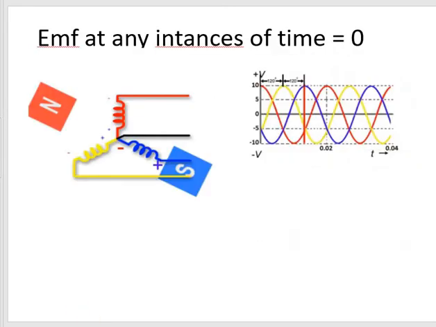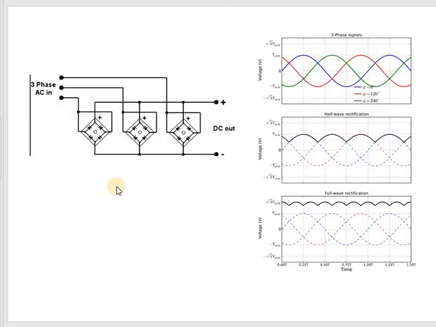Now that we understand how three-phase alternating currents are generated, when it peaks, why it peaks, we had a look yesterday at the rectification circuit.